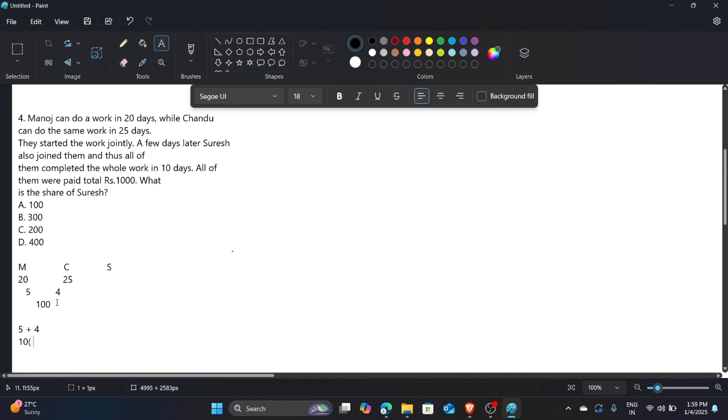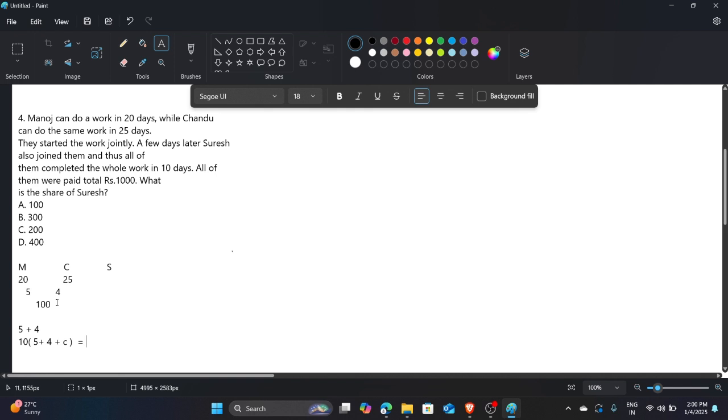Okay, we consider the 5, because 5 units of everyday work Manoj can do, and 4 units of everyday work Chandu can do, and some work is done by him also. So I think 19 units of work is done by whom?